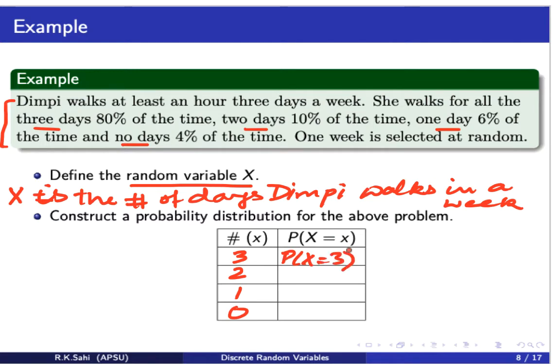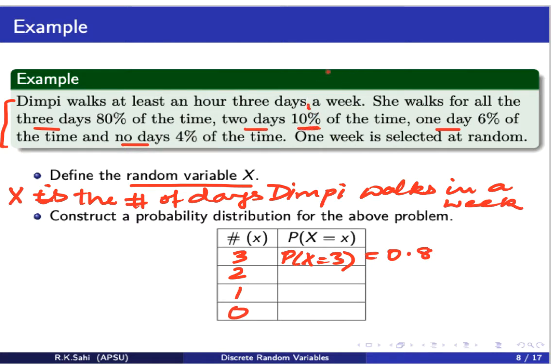Okay, so what is the probability? Now when we read the problem, remember percentages: 80% of the time. You replace the percent with a decimal. What is 80%? 0.8. Okay, so this equals 0.8. It says 2 days 10% of the time.